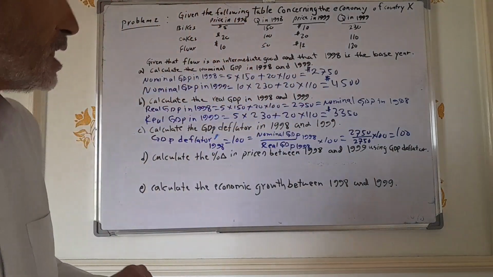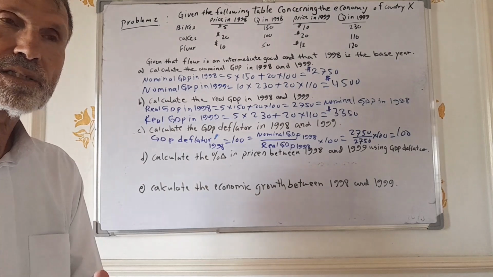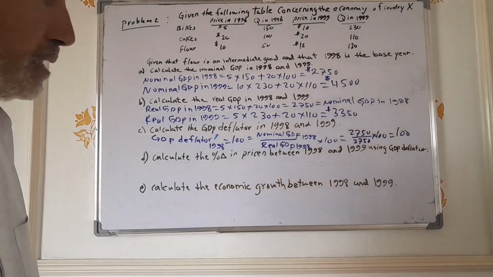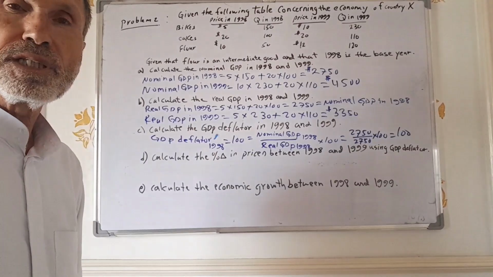So the GDP deflator in the base year is always 100. It's like the CPI in the base year is always 100.